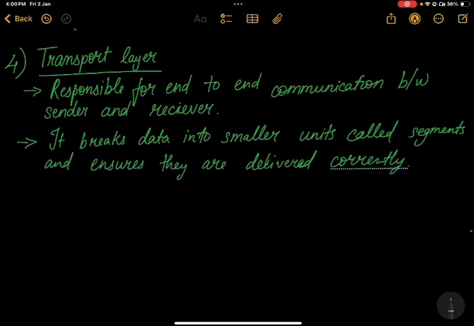This layer provides two types of services.